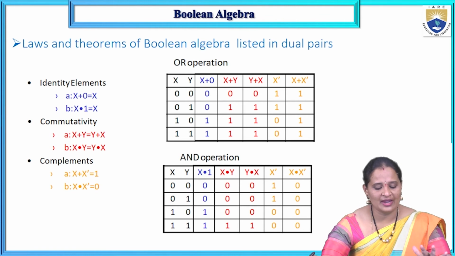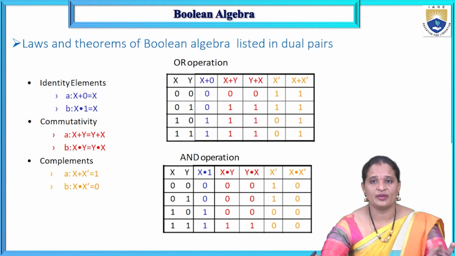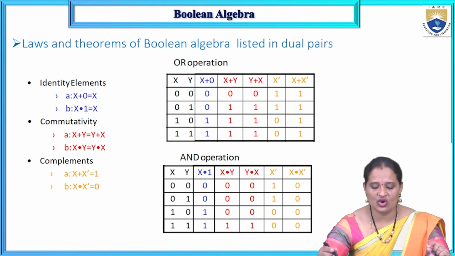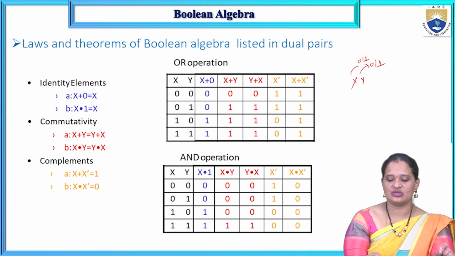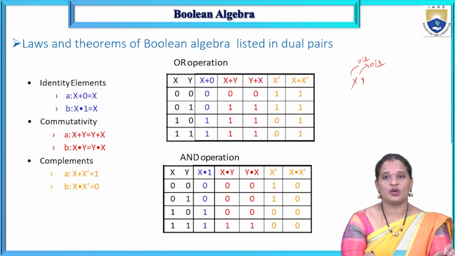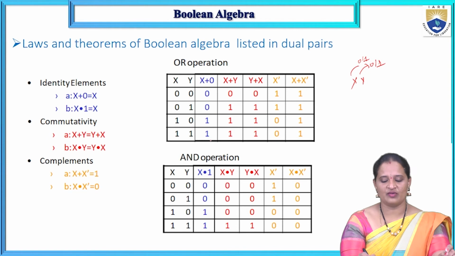So here identity elements, commutativity, and complements are the laws. As we have taken two variables here, x and y, both of these variables are binary. These can accept either 0 or 1 such that we can have four combinations, that is 0 0, 0 1, 1 0, 1 1. So x plus 0 is 0, 0, 1, 1 and x plus y and y plus x.